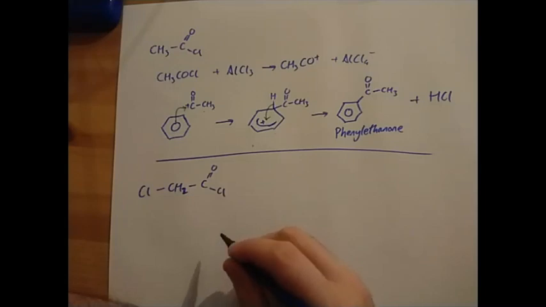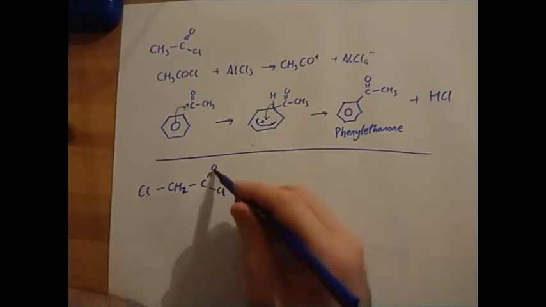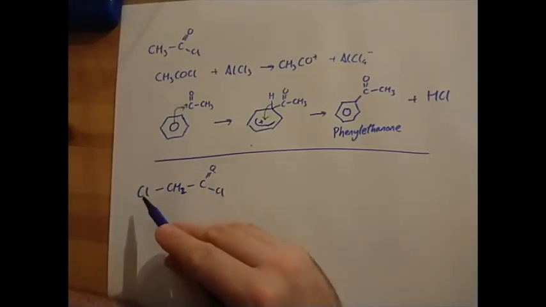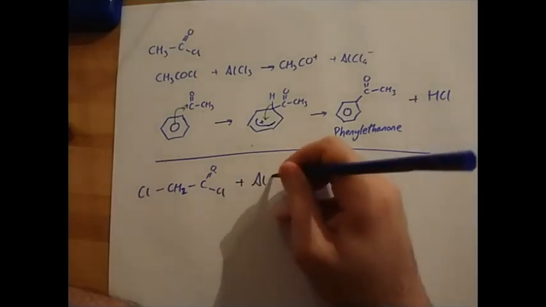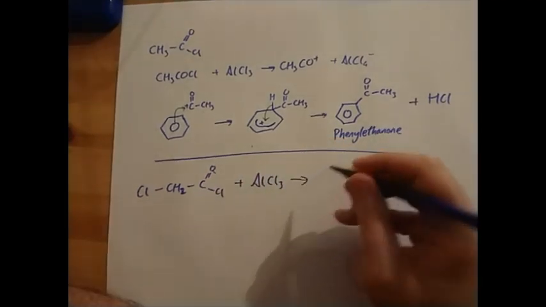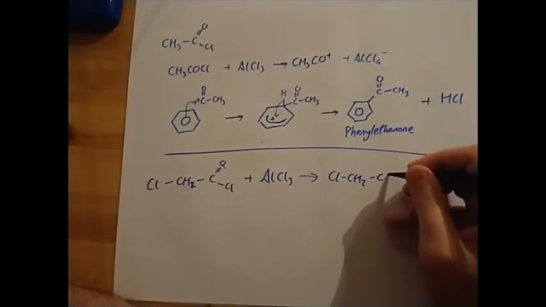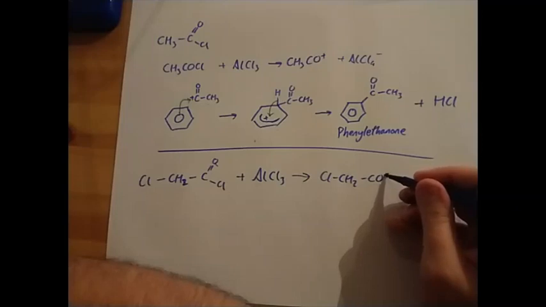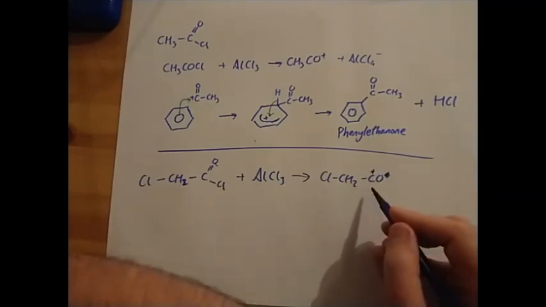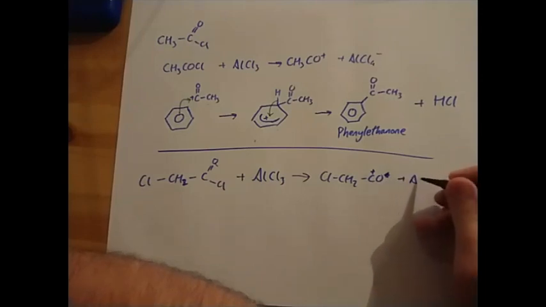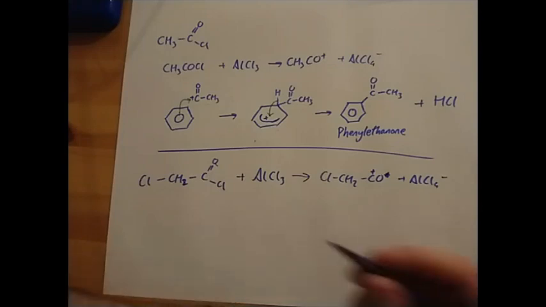Well, don't let it scare you. Ignore that chlorine on the end. This is the reaction that involves acyl chloride, so it involves this functional group. We don't care about that Cl over there at all. So we're still going to react it with our AlCl3. We're going to make, I'll put the plus on the carbon because it's more accurate, isn't it? So that's going to be our acylium ion. And then we've got the AlCl4-.